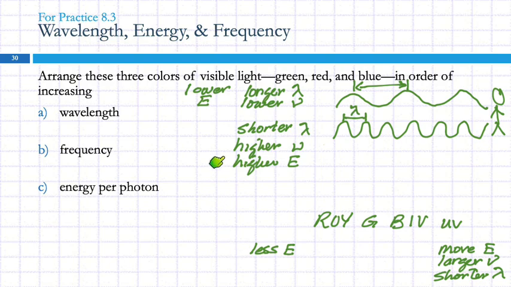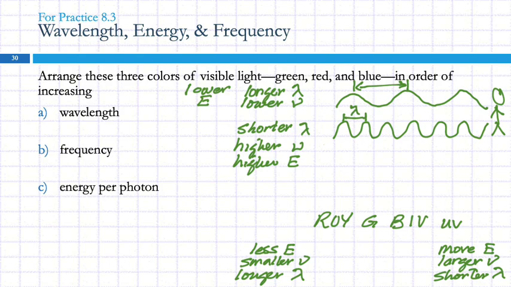Less energy down here corresponds to a longer wavelength and a lower frequency, or a smaller frequency. So practice just kind of thinking that out. Draw yourself some little pictures.